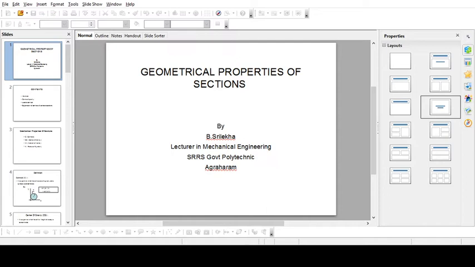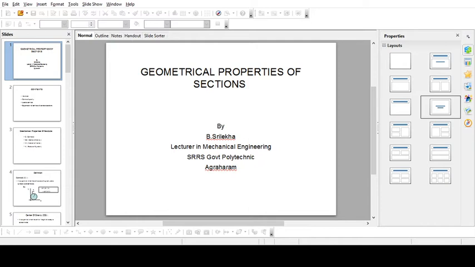It means simply its y term is 4r by 3 pi and its x term is simply r. Okay. So this is how we measure the centroid of a semicircle.